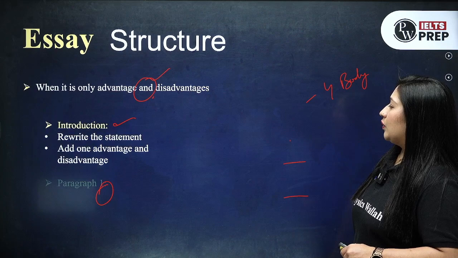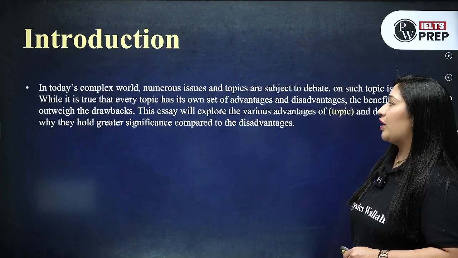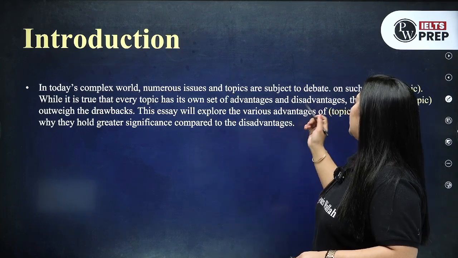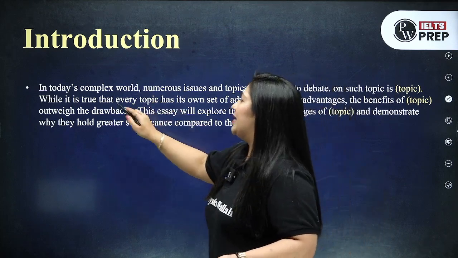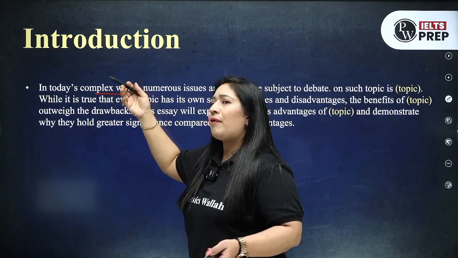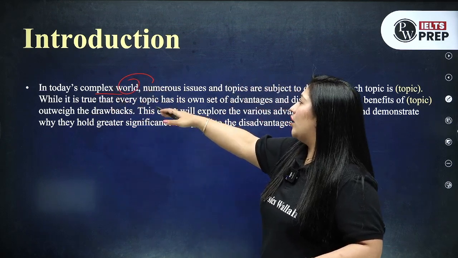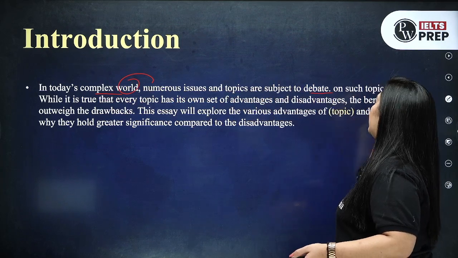So, I have to start with the introduction. When you are writing the introduction, let me tell you some of the words that you can write down. In today's complex world, because we are talking about all the age groups, you can take this phrase: in today's complex world, numerous issues and topics are subjected to debate.